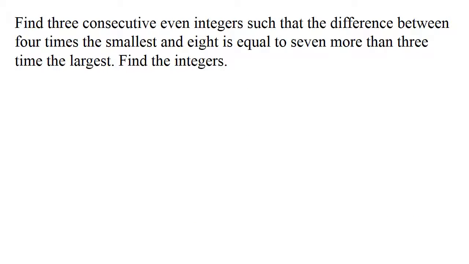Find 3 consecutive even integers such that the difference between 4 times the smallest and 8 is equal to 7 more than 3 times the largest. Find the integers. Looking at the first part, 3 consecutive even integers: n, n plus 2, n plus 4. We said that's how you set up even integers.